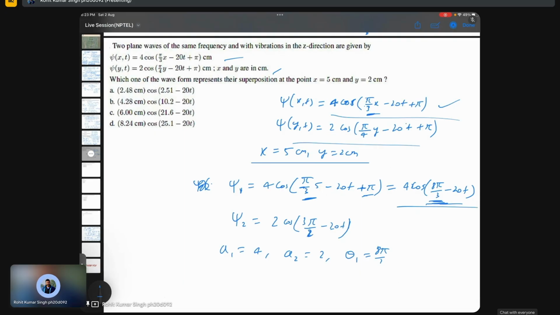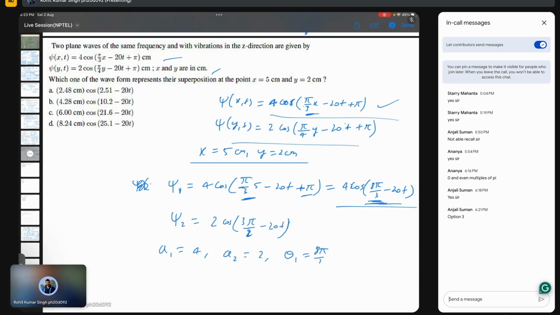I don't know, I'll have to check. I think I did not calculate it. Yeah, but this will be in radian, so you can convert it. I don't know if here it is mentioned in radian, so looks like option A should be correct, but you can cross check.